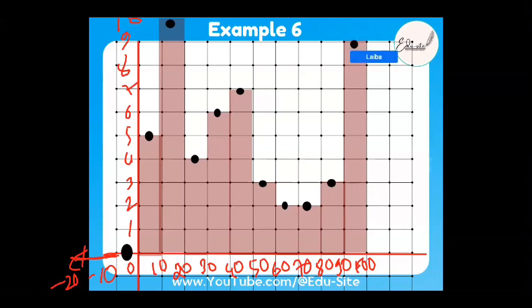We have to draw a point after this bar as well. Yes, beta, you have to draw. Do you remember? Where will you draw? You have to draw a midpoint of this point. Here also you have to, no, not there. Midpoint of the next bar.